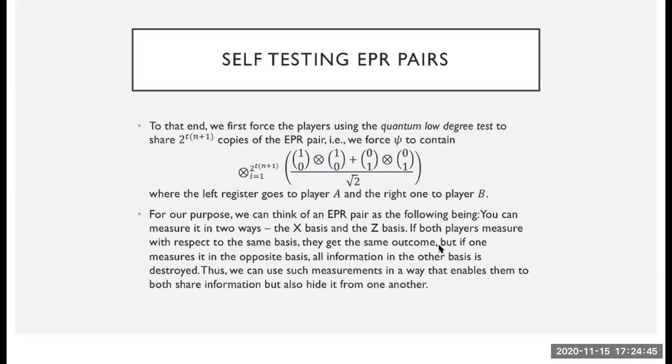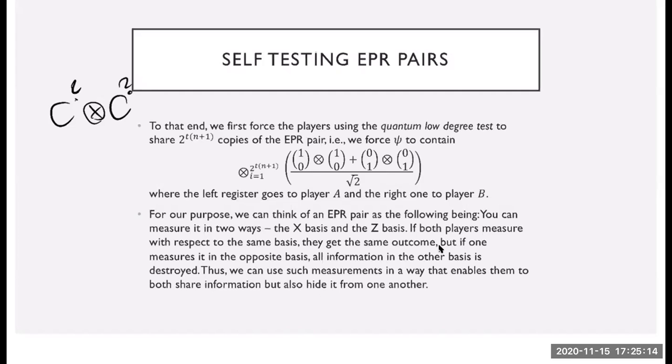So there is some C to the something tensor C to the something, and we assume here that it's the same something. And we force them to win a subroutine, a small game, and the rest of the talk will be about this small game that enables them to share this specific state.